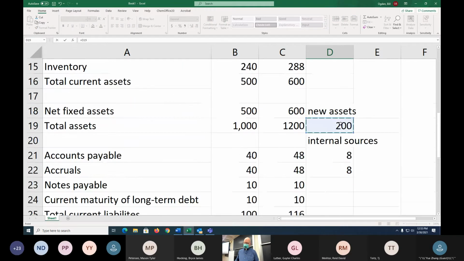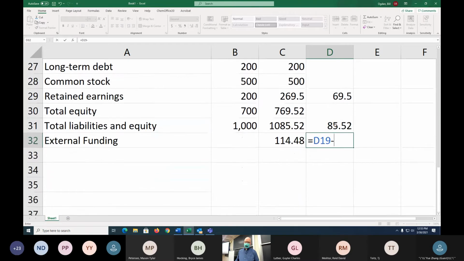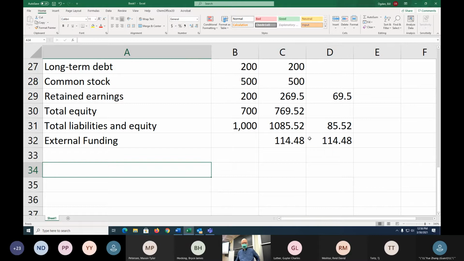So we have 200 in new assets, and we can fund 85.52 internally, and the remainder we would have to fund externally. All right, now another way of doing this is to work with something called the, actually, you know what, let's do another thing.